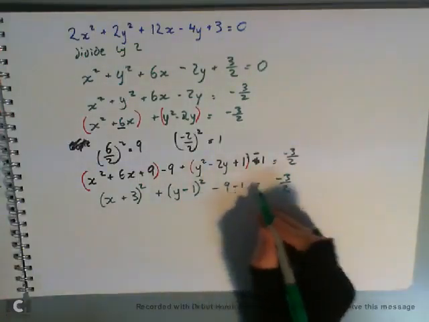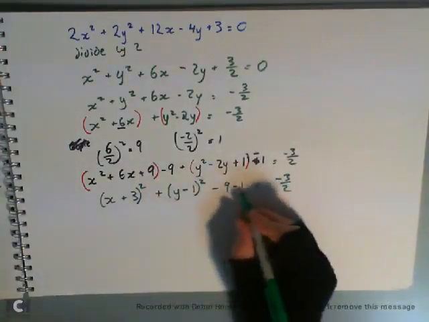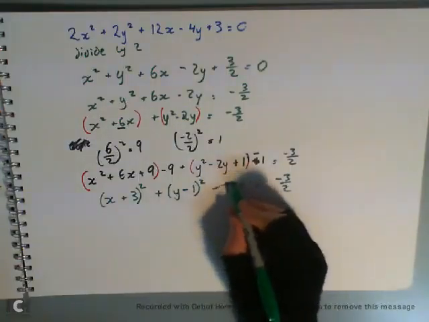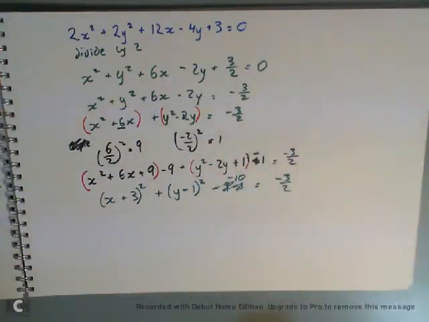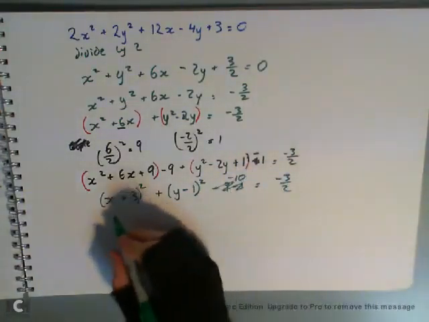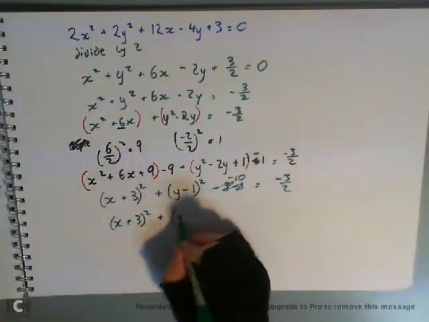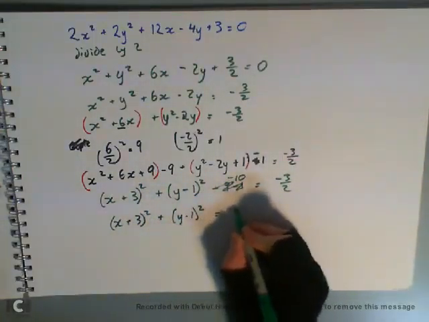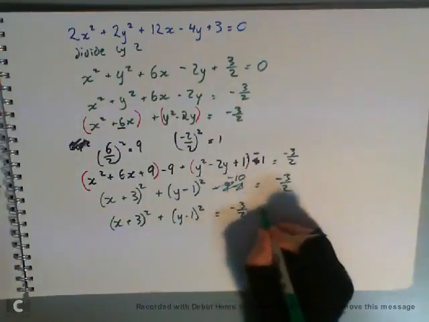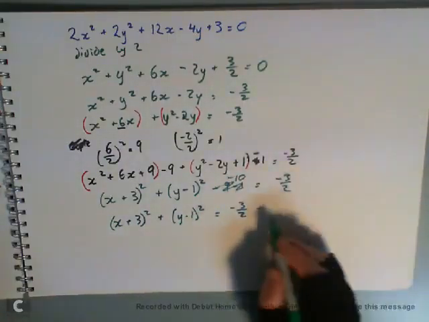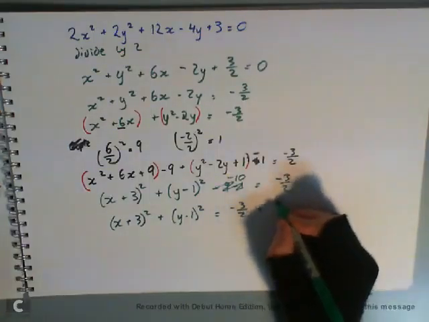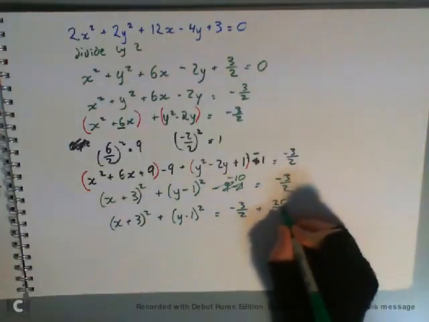We just want to move this on the other side. So I can actually say that as minus 10. Now if I add 10 to this side, plus 10, I want to make it as a fraction, so it's going to be plus 20 on 2.